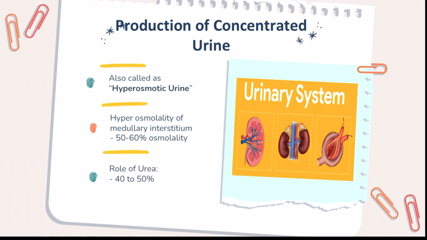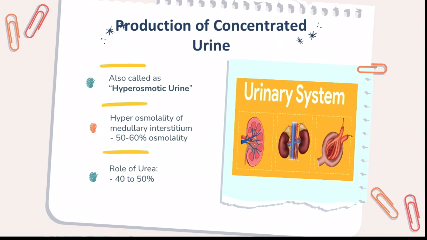In the hyperosmolality of the medullary interstitium, 50 to 60% of the hyperosmolality is contributed by the countercurrent multiplier and exchange system, which will be discussed later. The role of urea in the production of concentrated urine is about 40 to 50%.